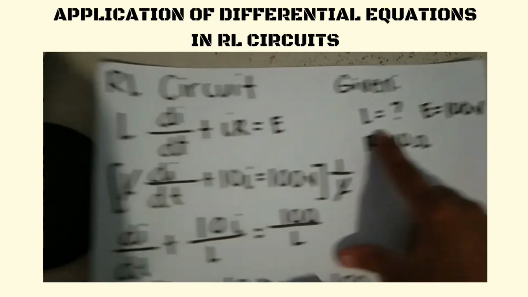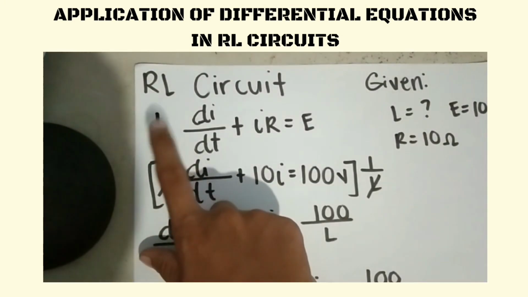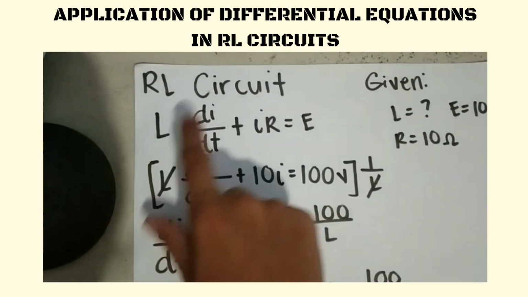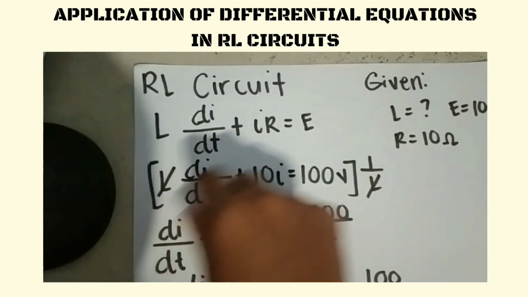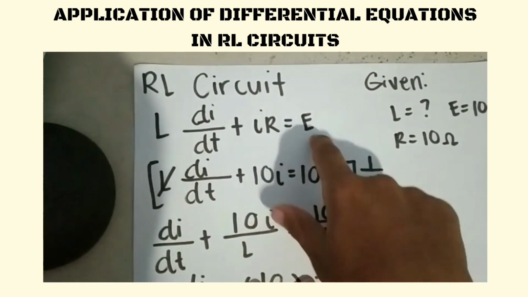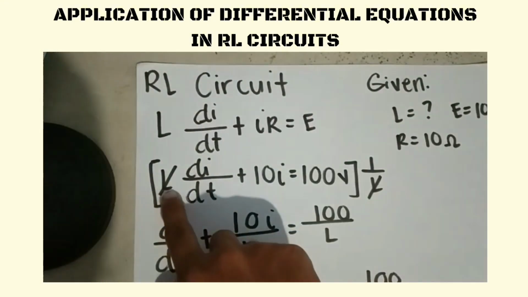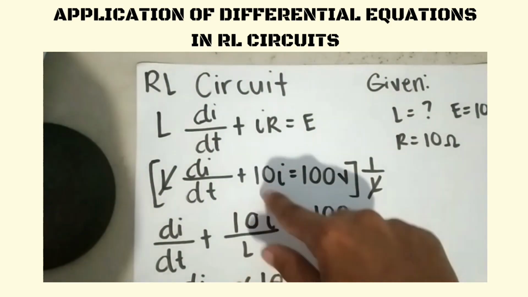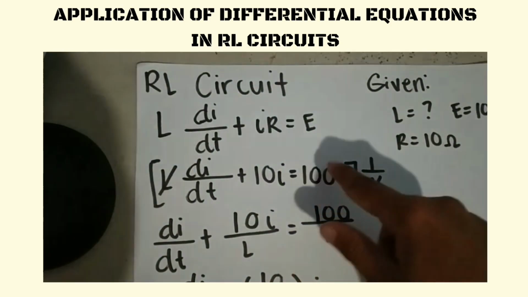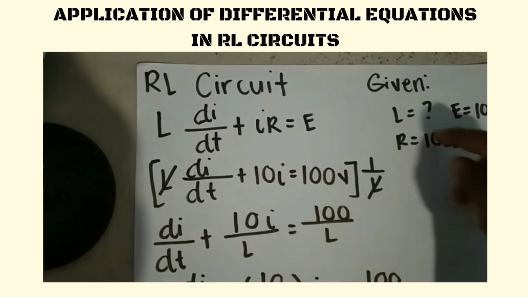We look for L. The equation is L di over dt plus IR is equal to E. Then substituting, L di over dt plus 10I is equal to 100 volts.